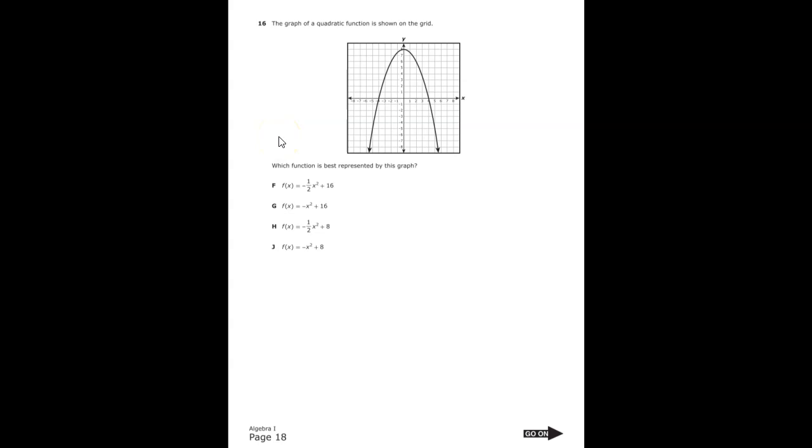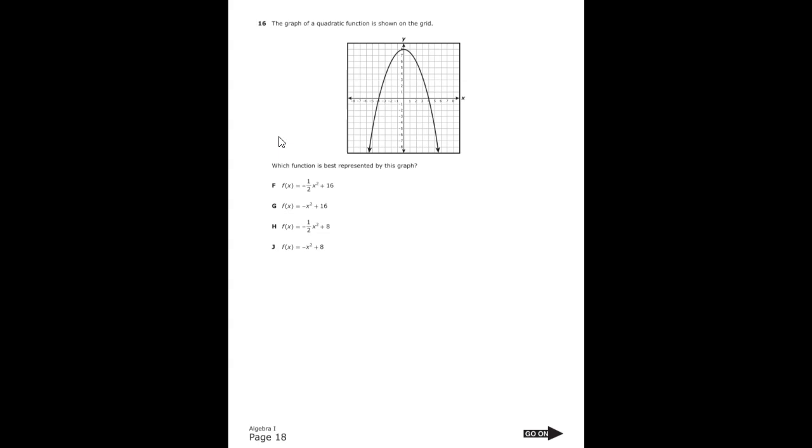There are a few things we can do to get to the function that is represented by this graph. First of all, we can see that the graph is sloping downwards. So that means the quadratic term, the x squared term, is going to have a negative.